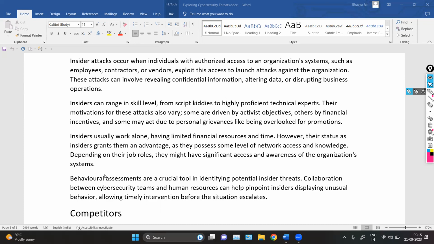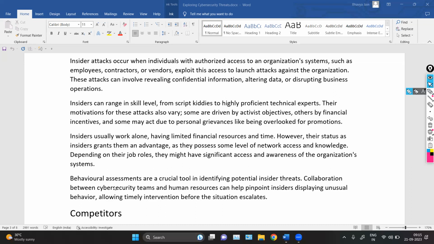They are part of the network, and they also have authorized access to various resources. This status as insiders grants them an advantage, as they possess some level of network access and knowledge. Depending on their job roles, they have particular privileges.